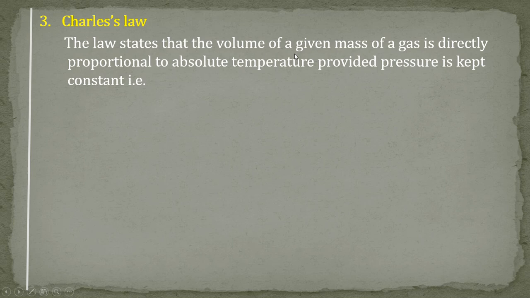Representing volume with V and temperature with T, volume is directly proportional to temperature. If we introduce our constant of proportionality, we shall have volume is equal to kappa times T.